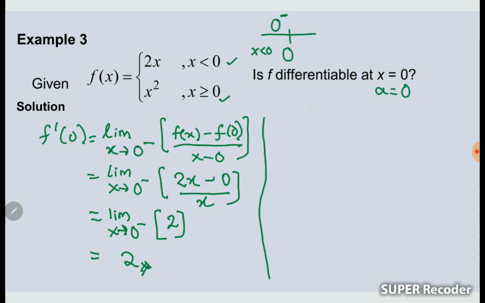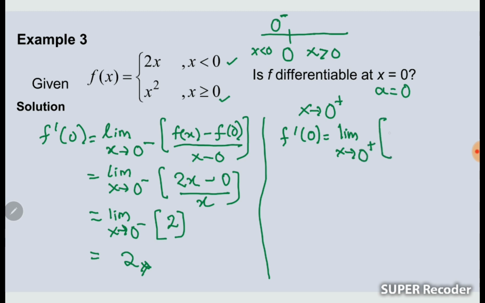Now we do the second part, that is we want to find the limit when x approaches 0 from the right, meaning x must be more than 0. So f prime 0 is equal to the limit when x approaches 0 from the right.